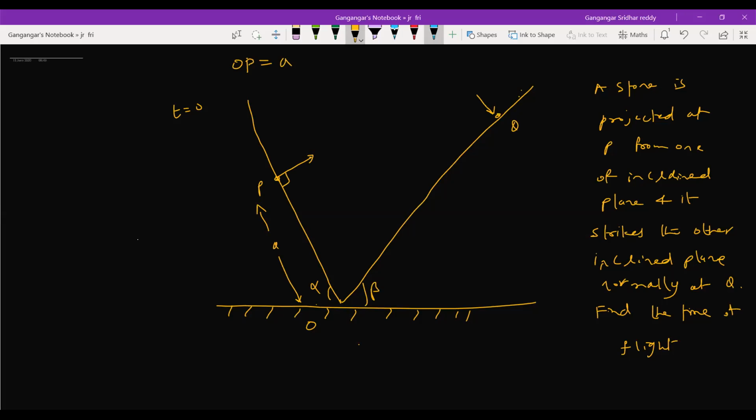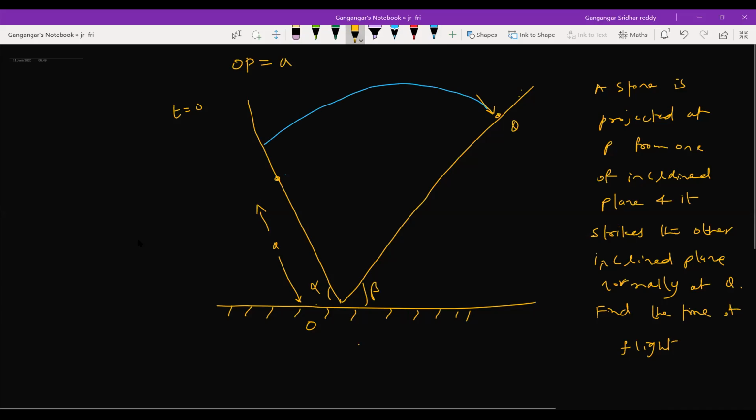First, we'll go for the trajectory. You can see clearly, though it is projected normal to it, it need not be parallel to the other incline.